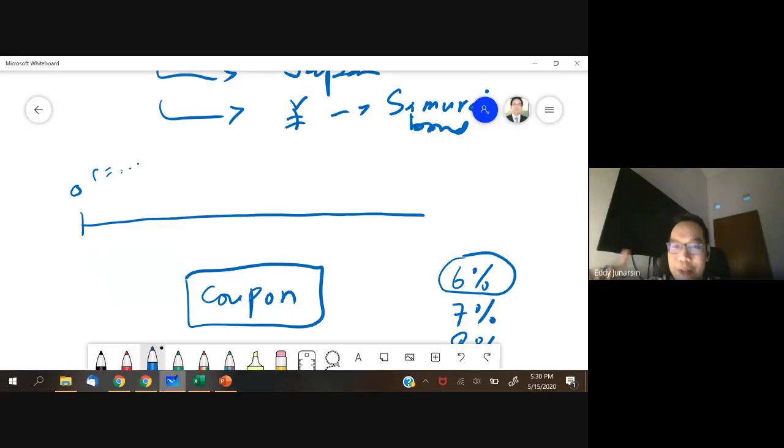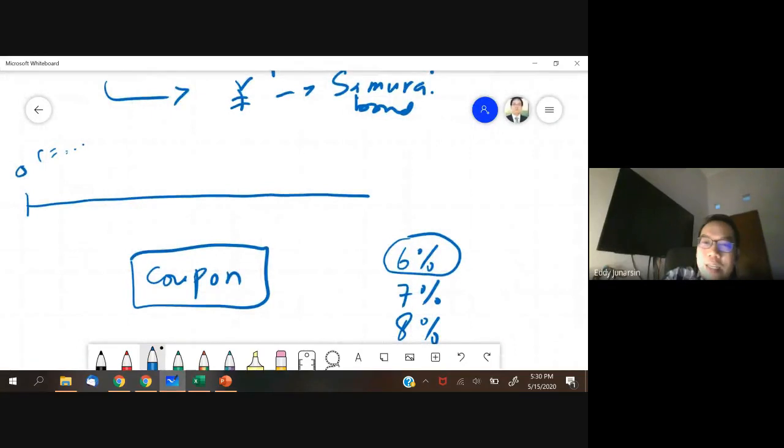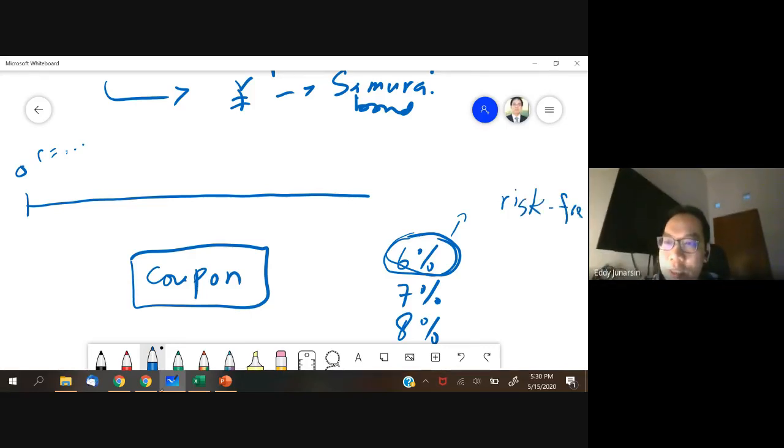But firstly, the interest rate that you offer has to be higher than something else. That something else is the risk-free rate. Remember our discussion: the interest rate offered by government securities. To make it easy to imagine, let's say the risk-free rate right now is 2%.